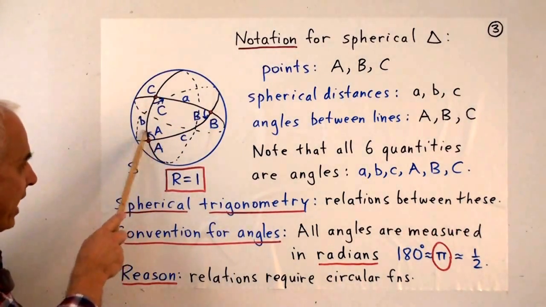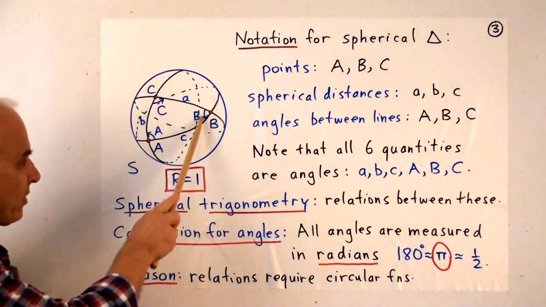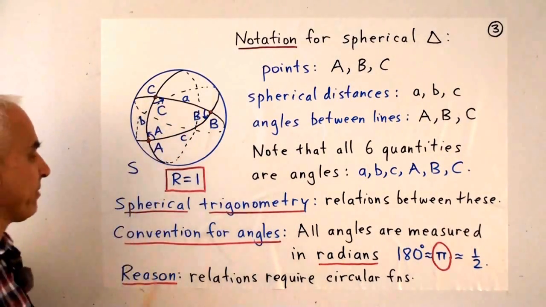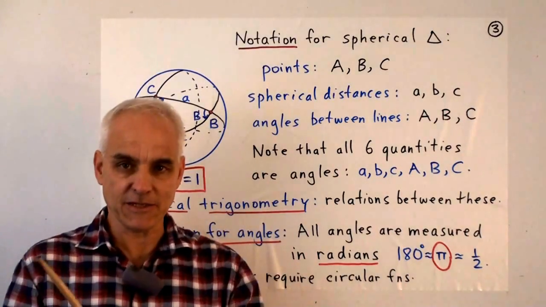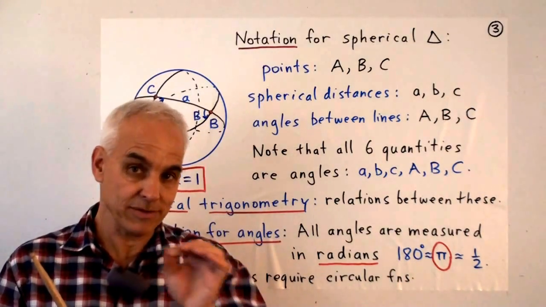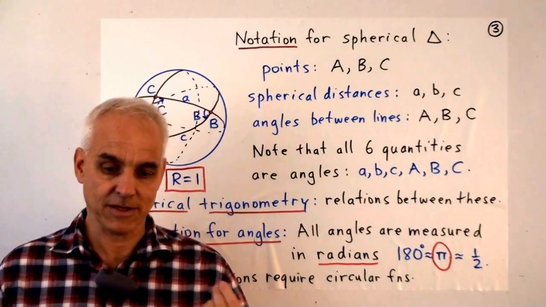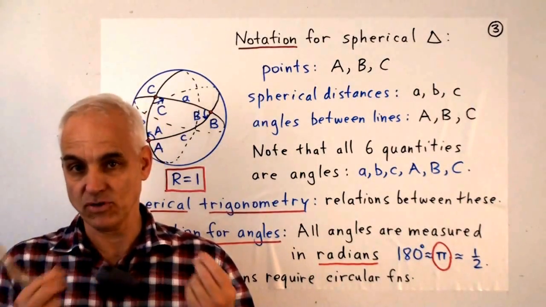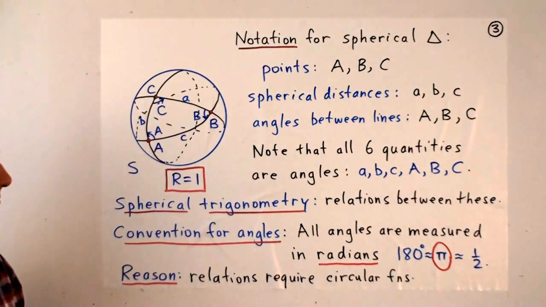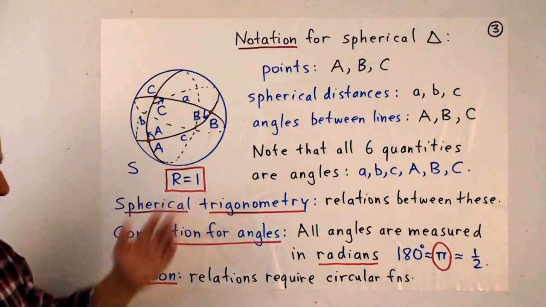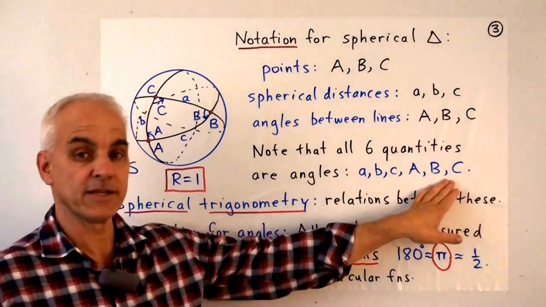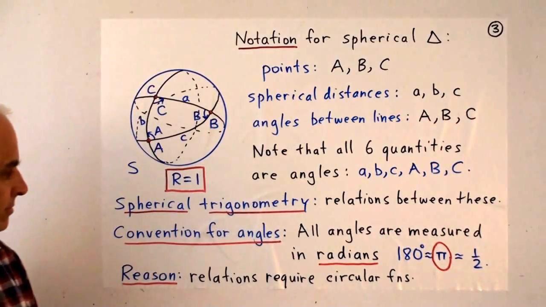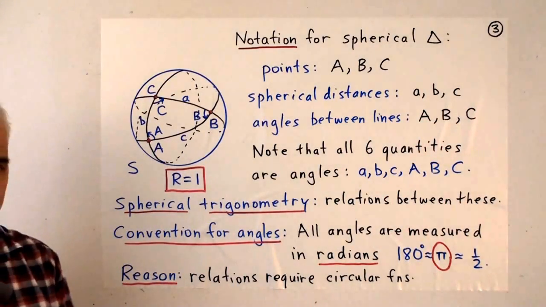We have one angle capital A there, one angle capital B there, one angle capital C. So the capitals are the angles between the lines, and the little letters are the spherical distances between points. And what is spherical trigonometry? It's the study of the relationships between these 6 angles. And they're all angles.